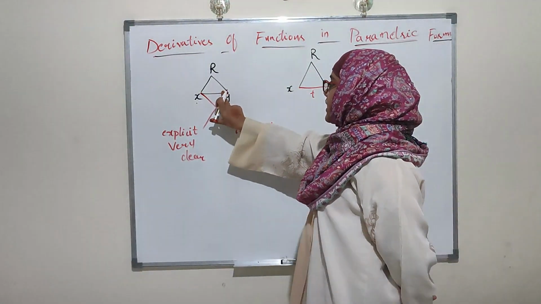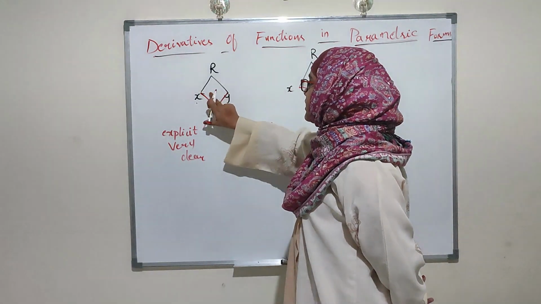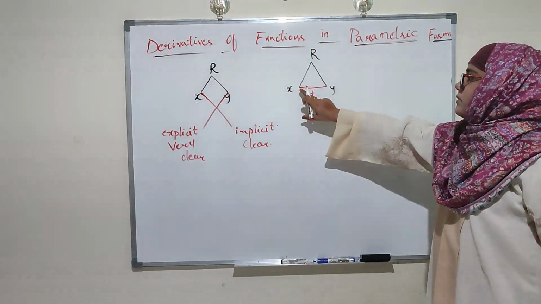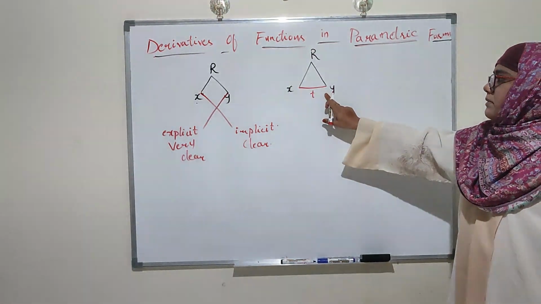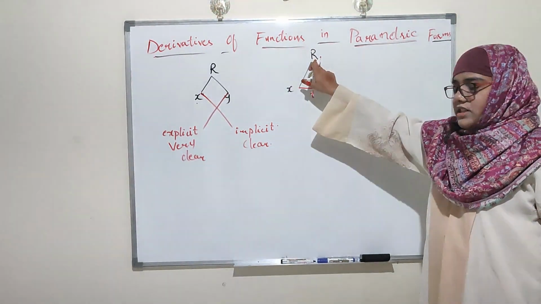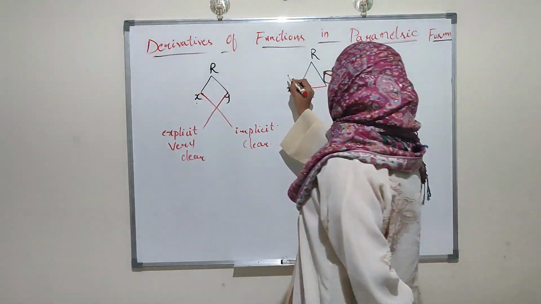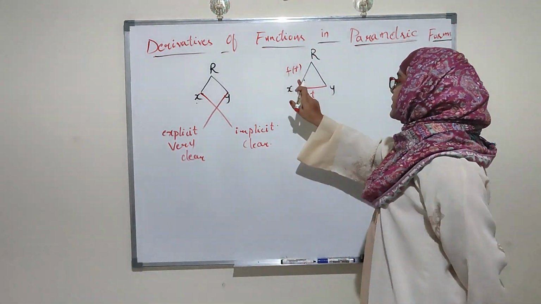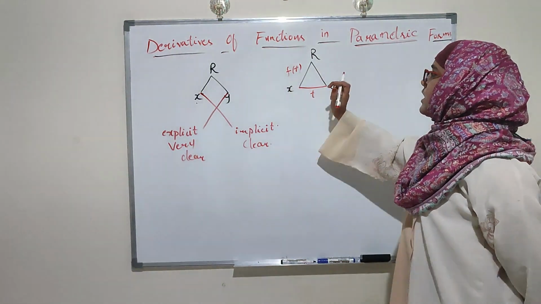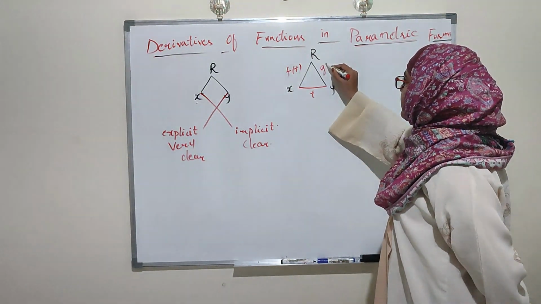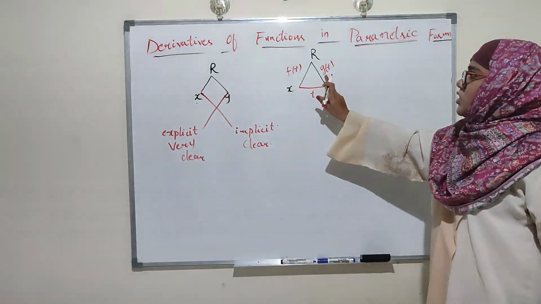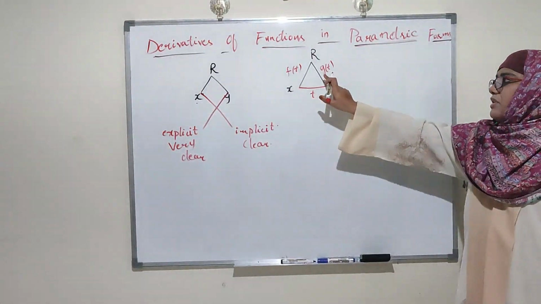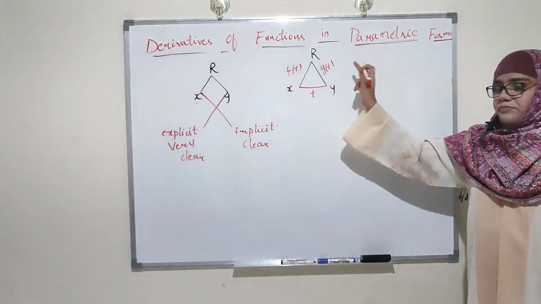If it is not connected, we can't solve this. If we connect these two variables with one relation, we can solve this. So x is f of t and y is g of t. G of t means we are connecting x and y with respect to t.